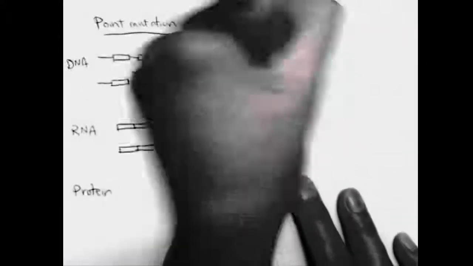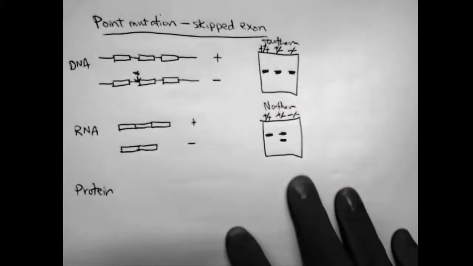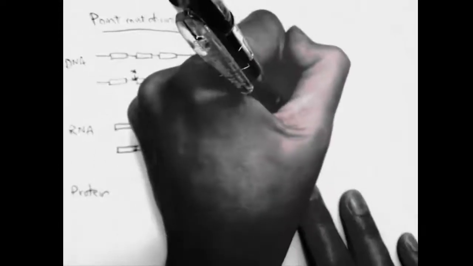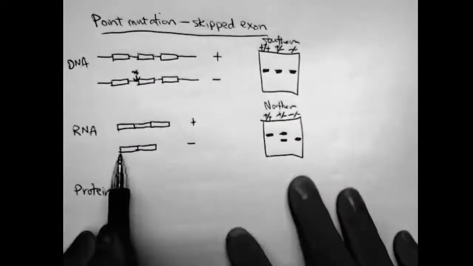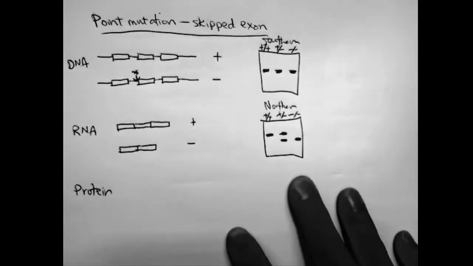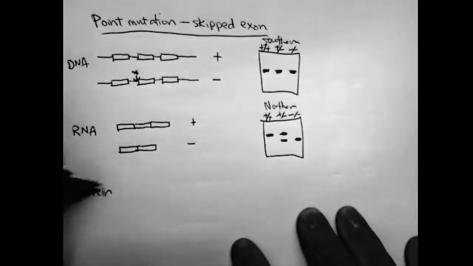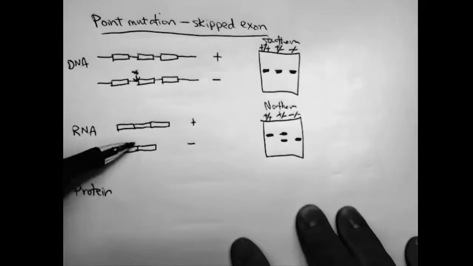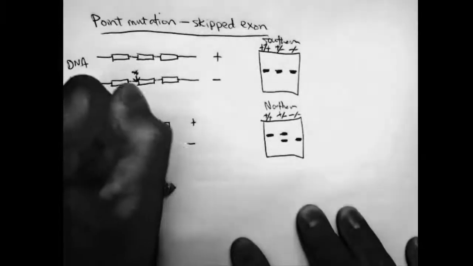An individual who was homozygous mutant would have only that smaller band because they have two alleles of that smaller messenger RNA.